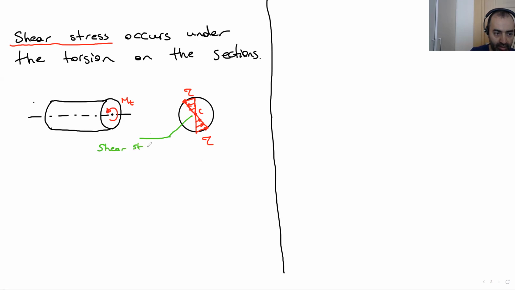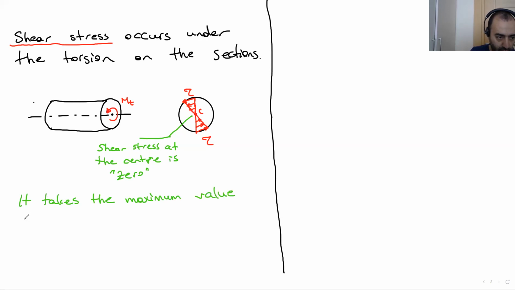Shear stress at the center is 0, where it gets the maximum value on the perimeter, and it takes the maximum value on the perimeter. So when I go away from the center, I start to get shear stress.